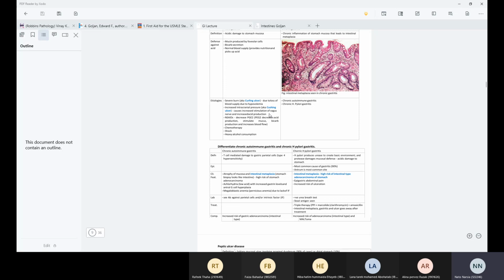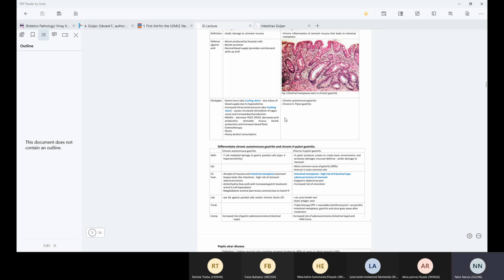This gives gastritis with formation of ulcers, and this ulcer is Cushing ulcer. So in the differential diagnosis, after head trauma you will find Cushing ulcer, and the mechanism is increased intracranial pressure, and in case of severe burn you will have Curling ulcer, and the mechanism is hypovolemia.